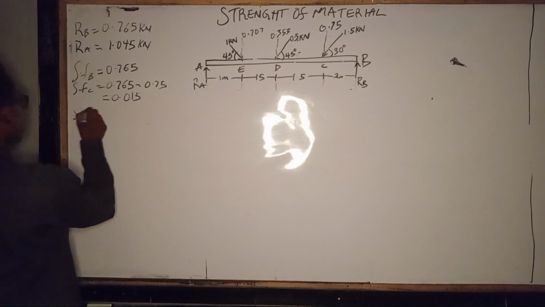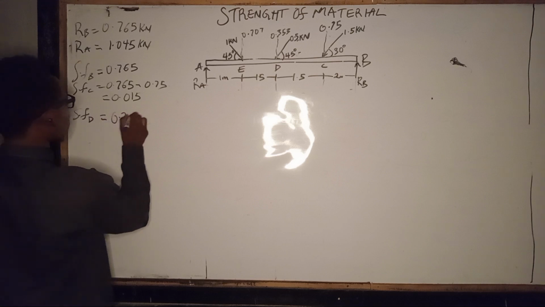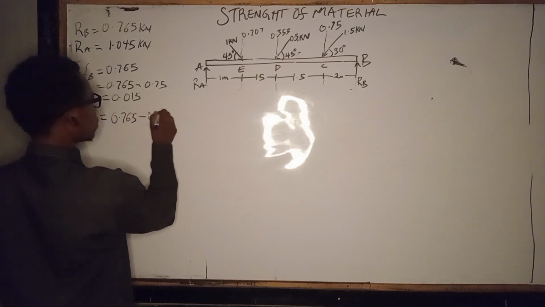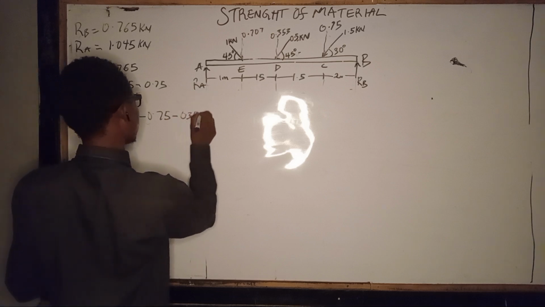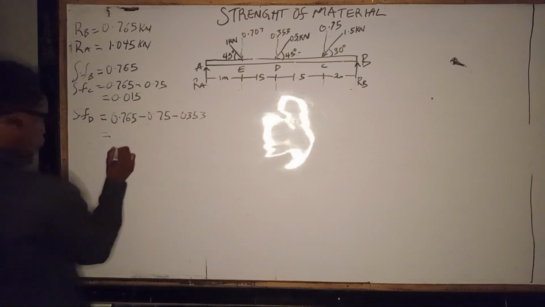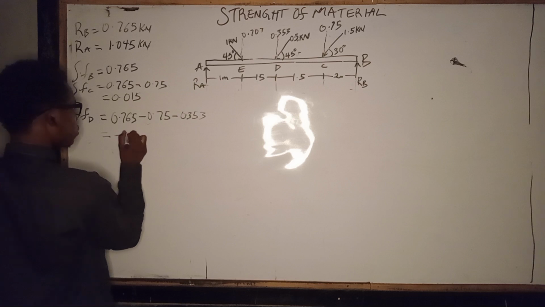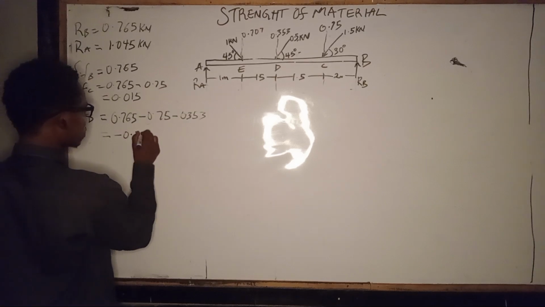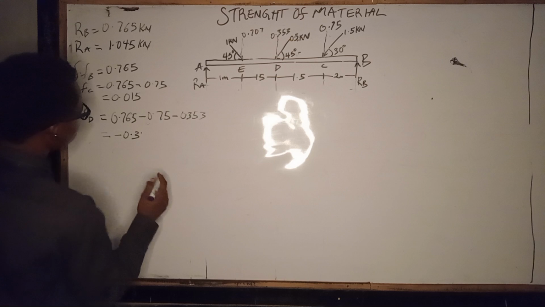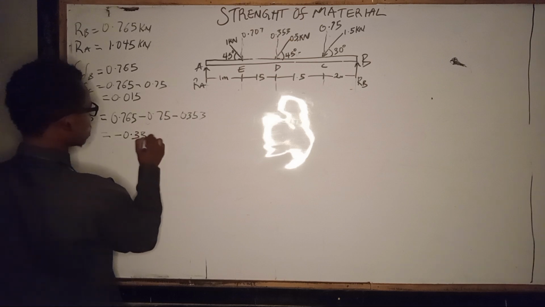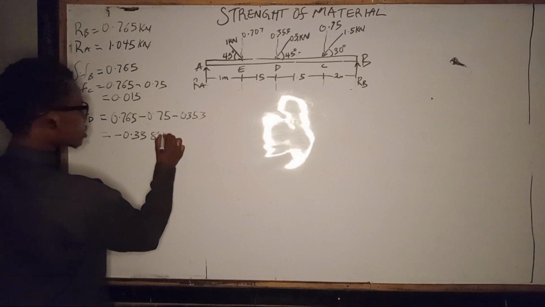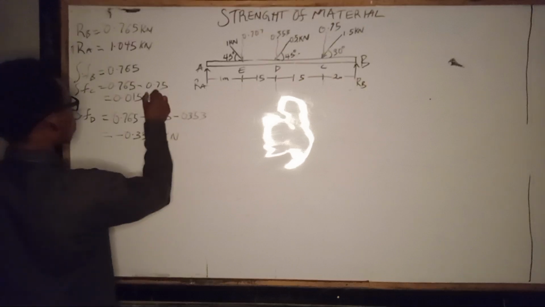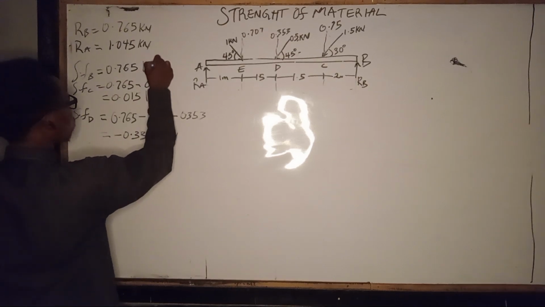Then we have our shearing force at D to be equal to 0.765 minus 0.75, then minus 0.353, which would be equal to minus 0.338 kilonewton. Let's not forget our kilonewton here.